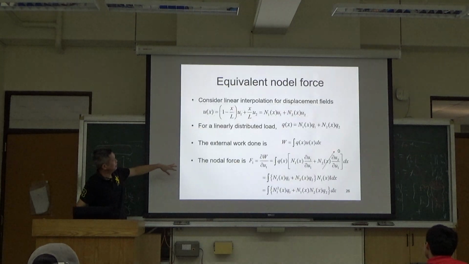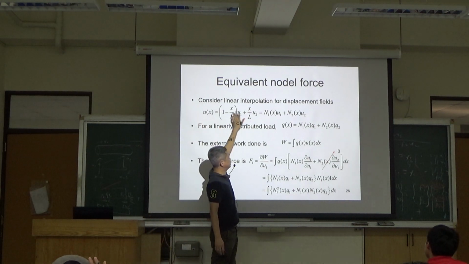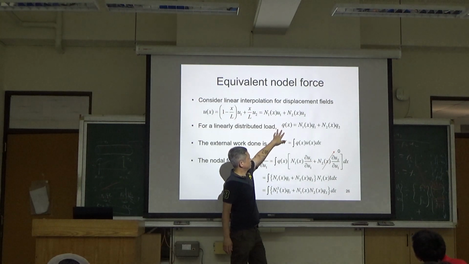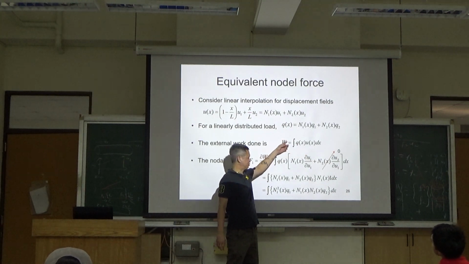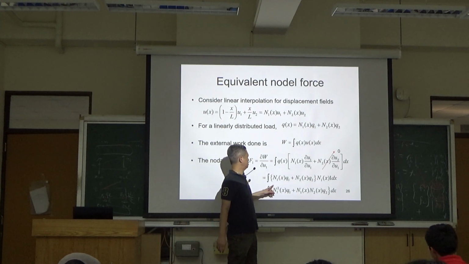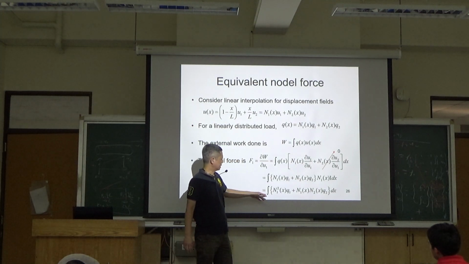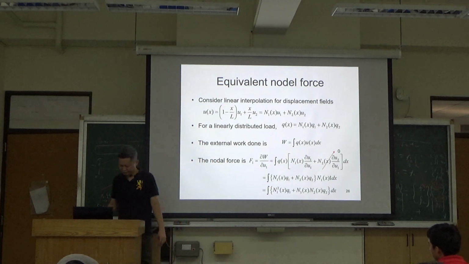How about the distributed force calculation? You have your U being interpolated, Q, the distributed force being interpolated. Please do the multiplication to find the work done by distributed force. And then now your F1 can be obtained by this partial derivative. Then you find out how it's related to your function.